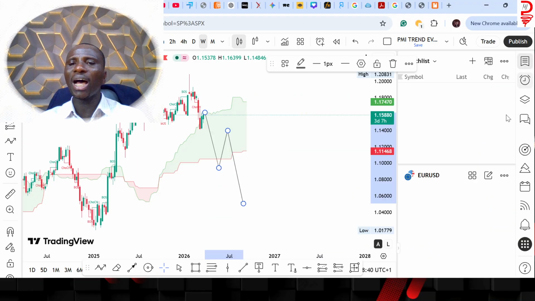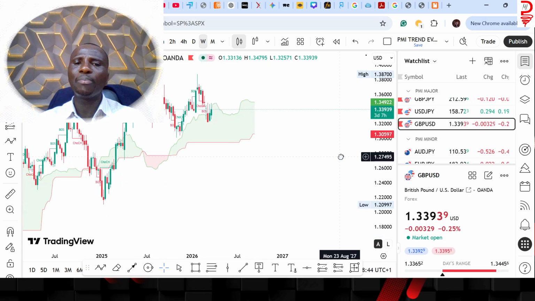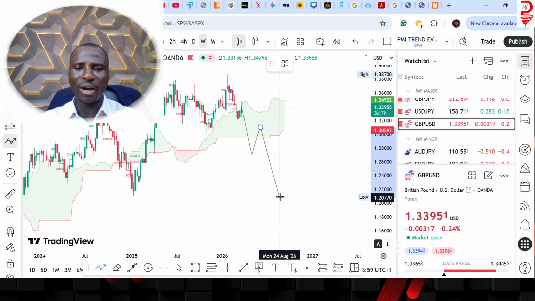And the same thing plays out for the GBP USD. On GBP USD, we are still expecting that the dollar will keep gaining strength and it will fall down to this side on the weekly before we begin to look out for a movement to the downside overall.